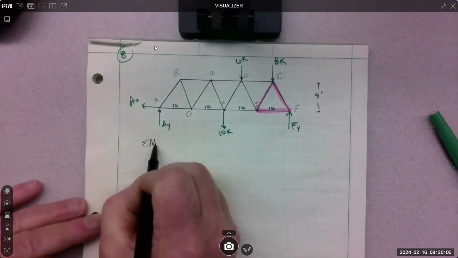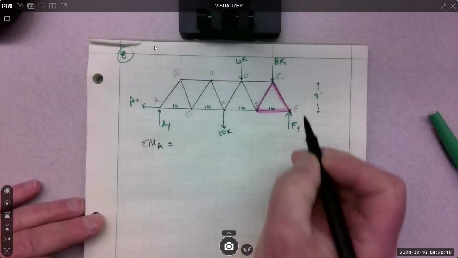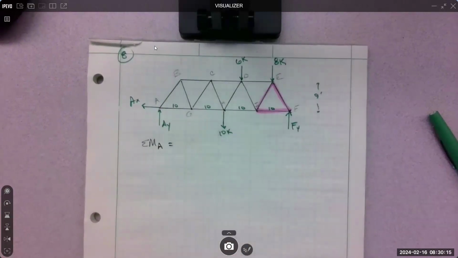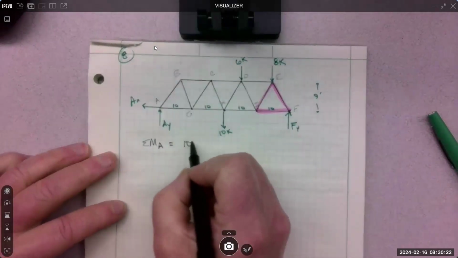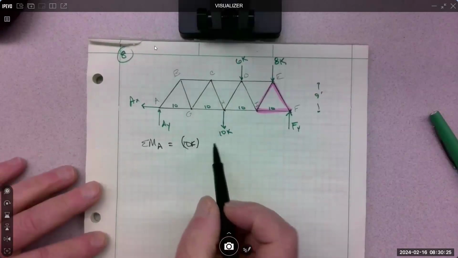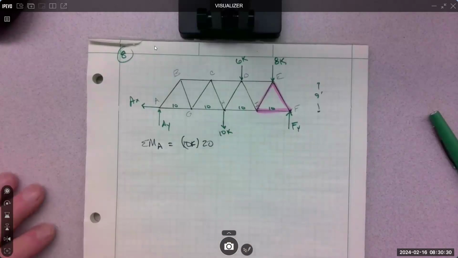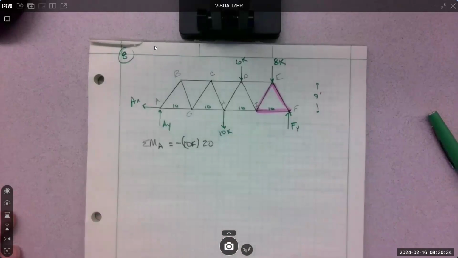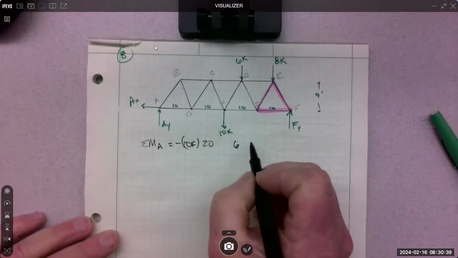So let's just do it right away. Let's sum moments at A to get FY. And then we'll just start right in on point F, or point E or point I, whatever you decide. So what are the moments about A? We have 10K times this one times 20. Rotation negative. 6K times what?